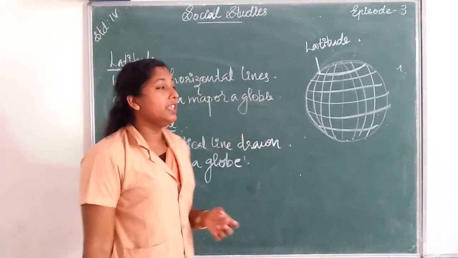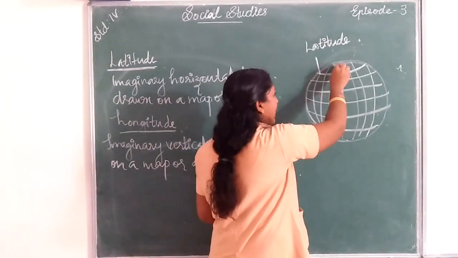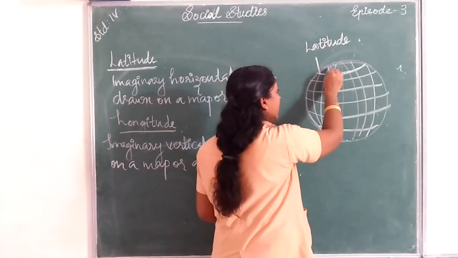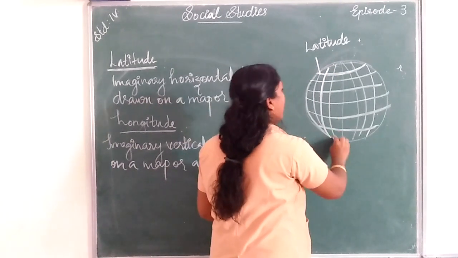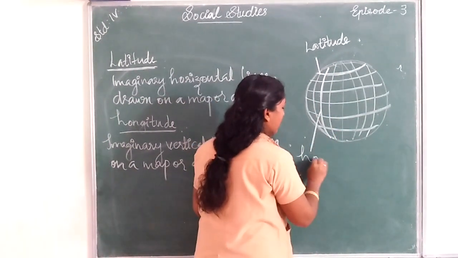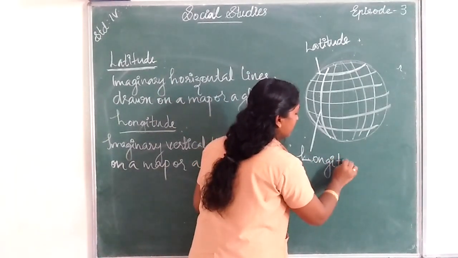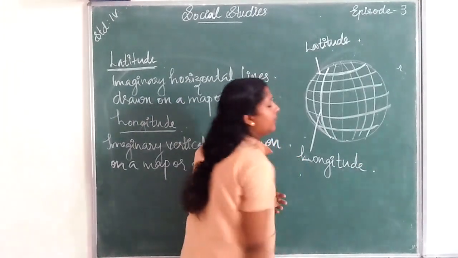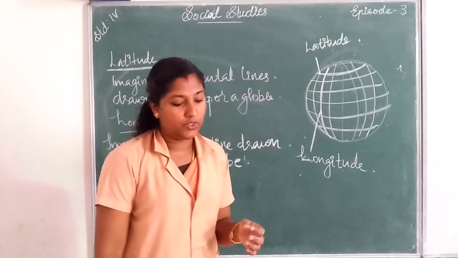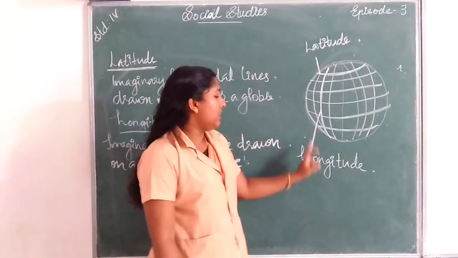The imaginary vertical lines are called longitude.